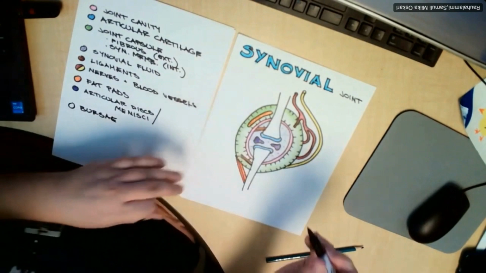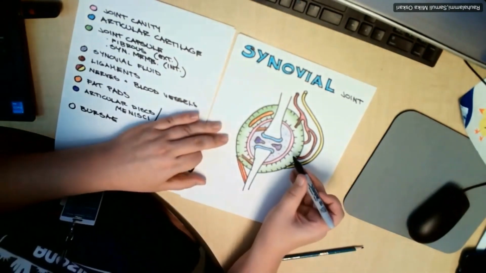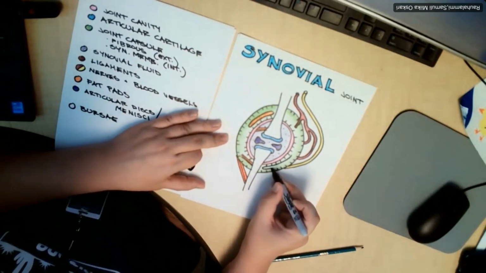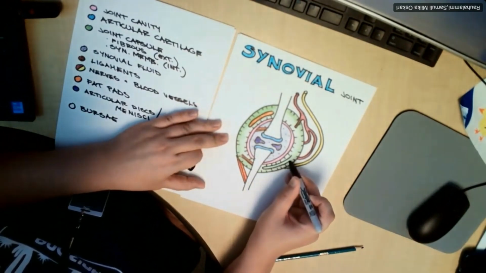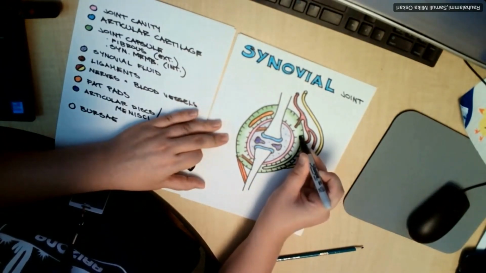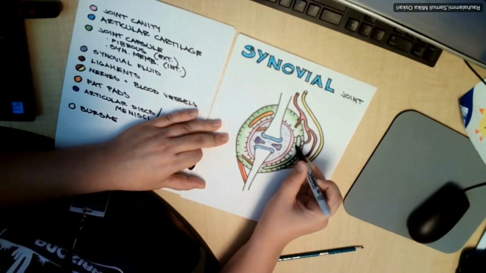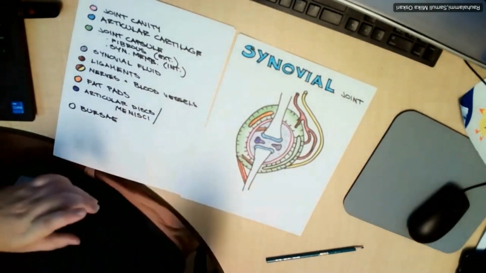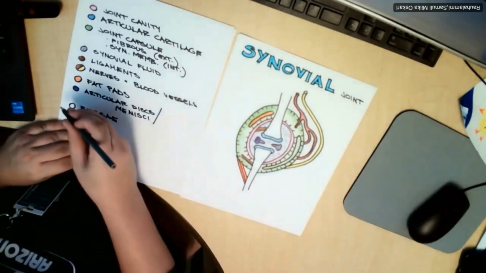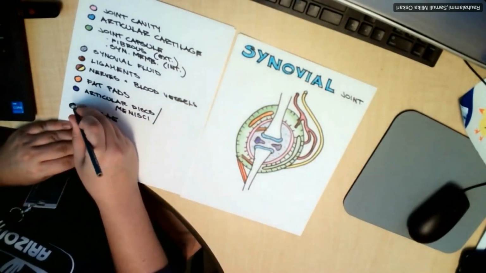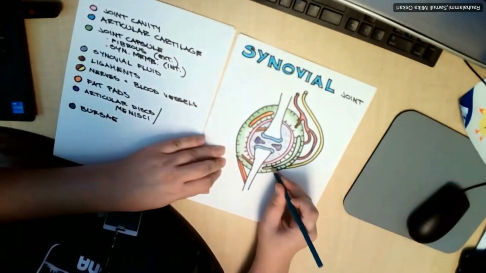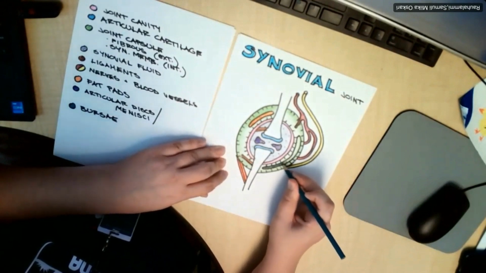These are bags of synovial fluid that we can sometimes find within the joint capsule itself, helping to reduce friction on these sides. I think that's a good one for us to add as well.